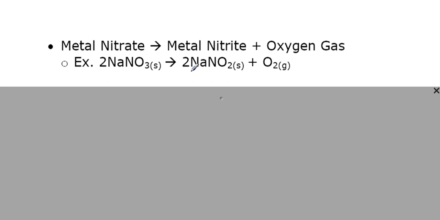Because this metal, in our example, was sodium, that doesn't change. So you can see sodium here and sodium here. But the nitrate changes from ATE to ITE. And if you remember from your nomenclature, that means that it has one less oxygen in it. So you can see over here that this has one less oxygen, NO3 to NO2. And then that other oxygen is lost and it forms oxygen gas because, again, this is a diatomic molecule at normal room conditions. You're not just going to see oxygen, it's stable as oxygen gas.